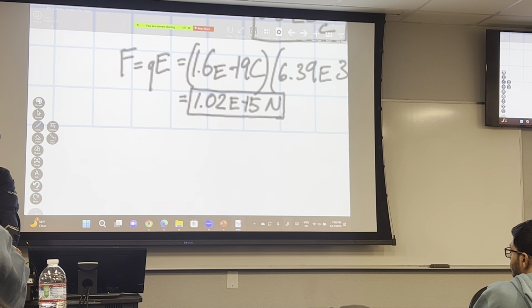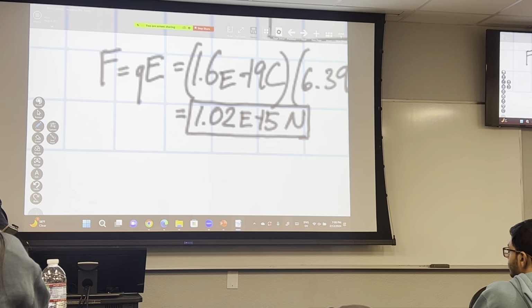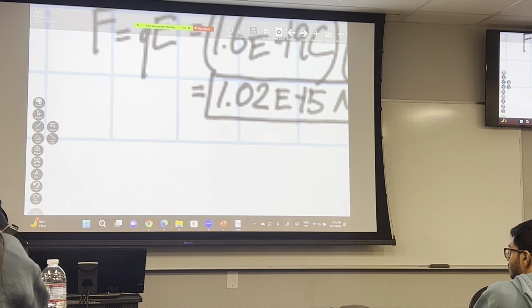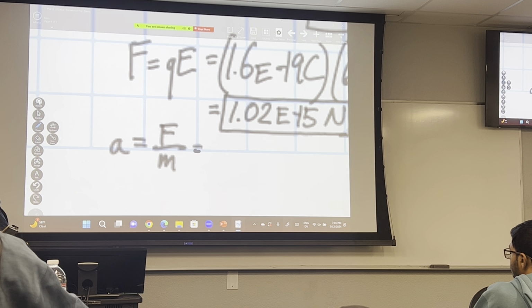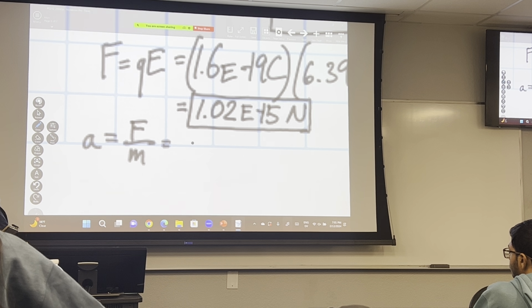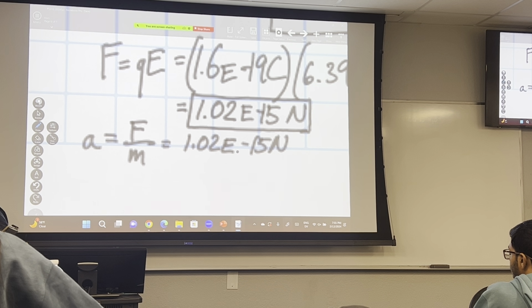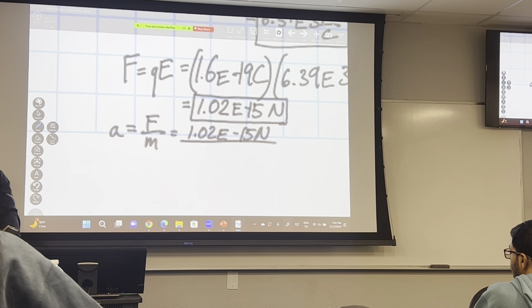We weren't asked about the force. We need the acceleration to get the parameters that we're looking for. So F is equal to ma, meaning a is equal to F over m. We just computed the force, which is 1.02 times 10 to the negative 15 newtons, divided by m.